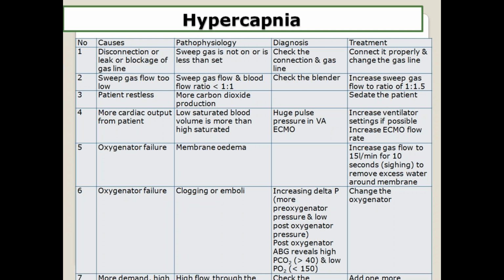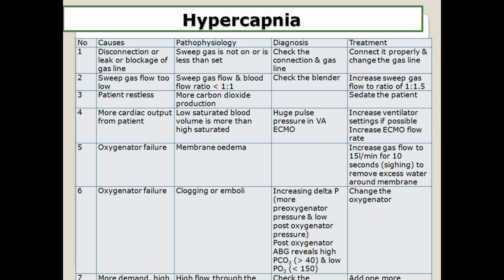The CO2 had gone up to 100, and immediately after changing the sweep gas flow meter, it came down to 40. So that is one of the reasons that you have to always check. There can be some leak, blockage of the gas line or disconnection.